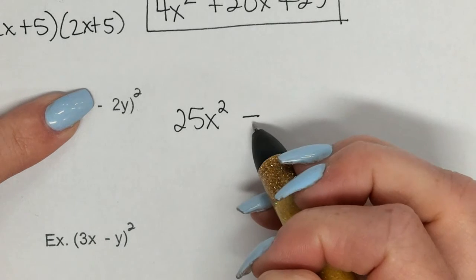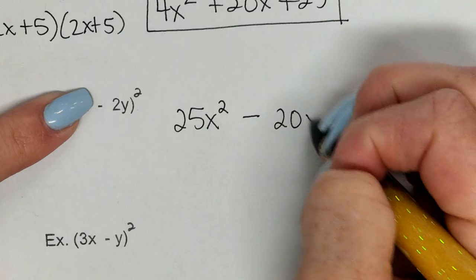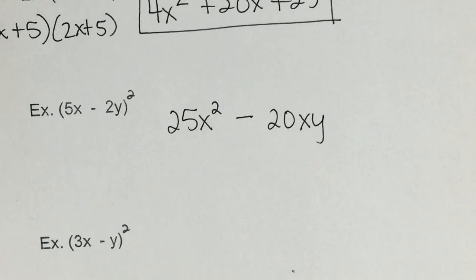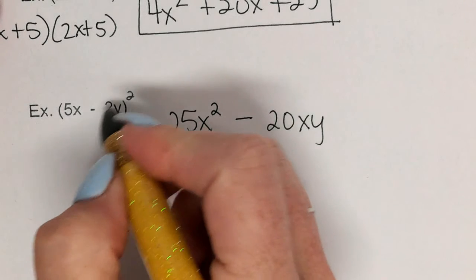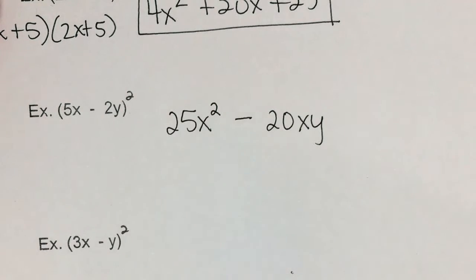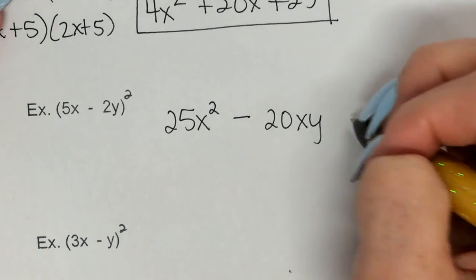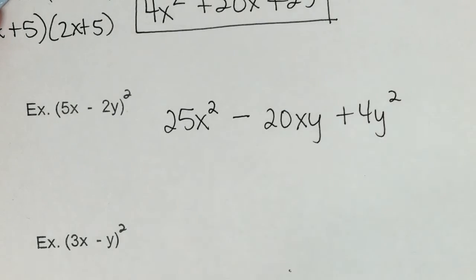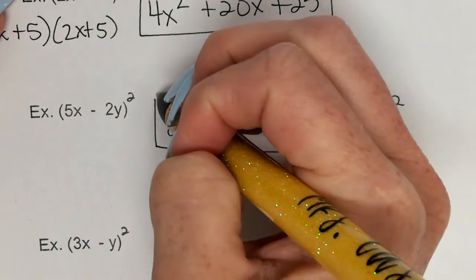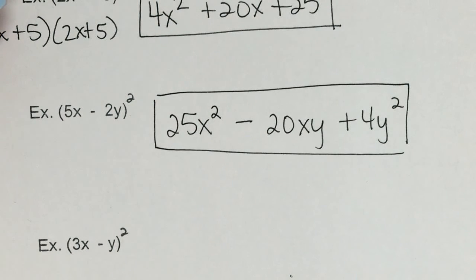So we already have our minus sign, right? Yeah. So 20xy. And then the last one, you just square this. So what's 2y squared? Okay, but it's not going to be negative. Positive 4y squared.